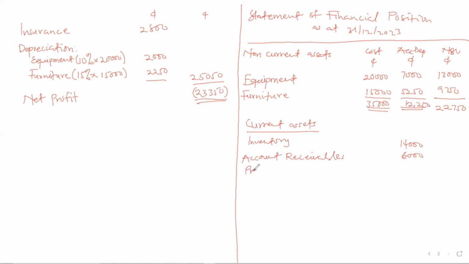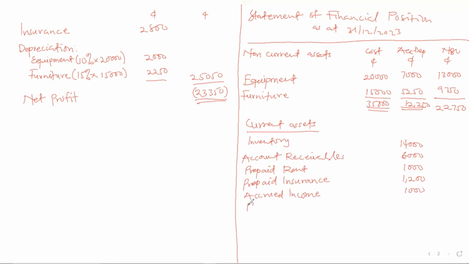We have prepaid rents. We have prepaid insurance. We have accrued income, which is 1,000.